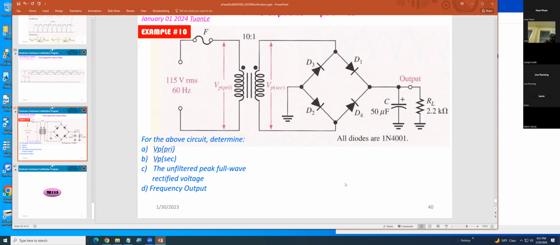Like on this type of circuit here, we can tell you for positive input, which diode will be on, which diode will be off. That's talking about a bridge rectifier. Well, in that situation, they would be flipping back and forth, right?